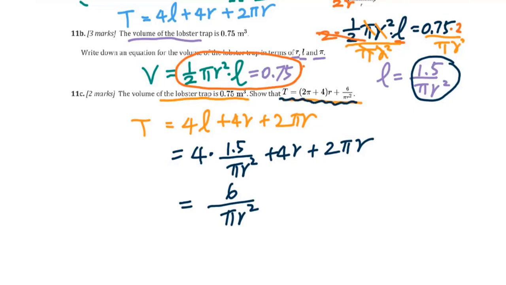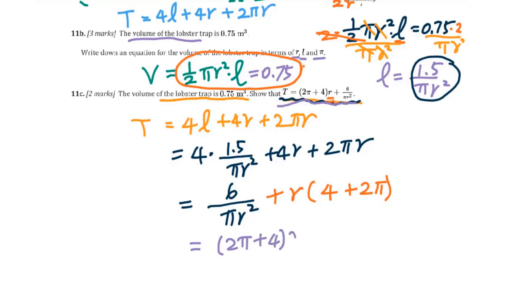According to the expression we are looking for, we need to factor this r. So we add r, take out 4 plus 2 pi. Then we organize into this format. We can write down 2 pi plus 4, r plus 6 over pi r squared.